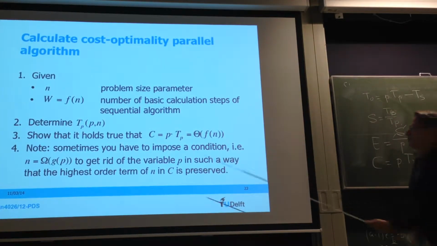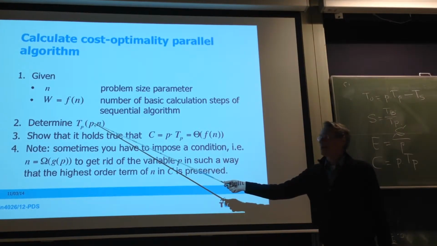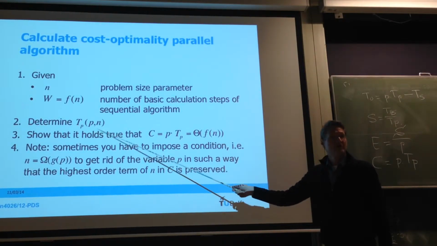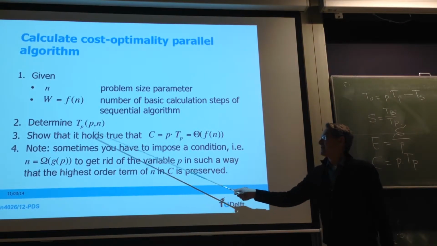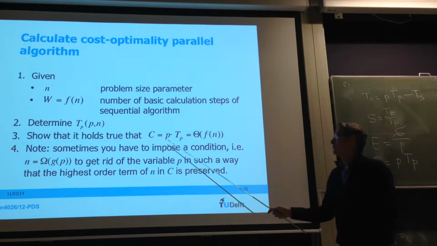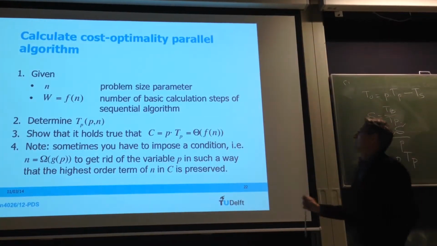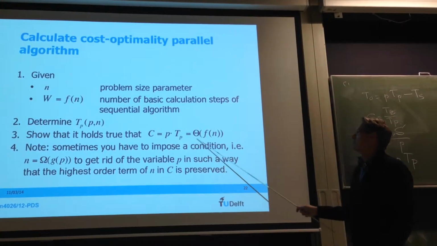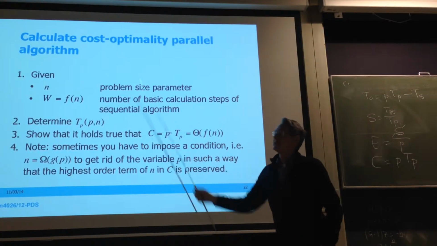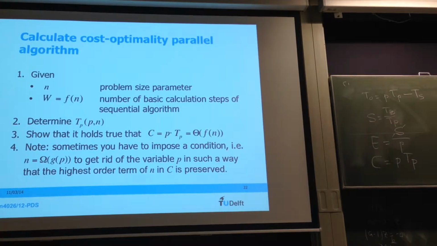Now we have to determine the parallel execution time, which is parameterized by P and n, of course, and show that it holds true that the cost, which is equal to the definition here, P times the parallel execution time, is in the order F(n), right? The workload.